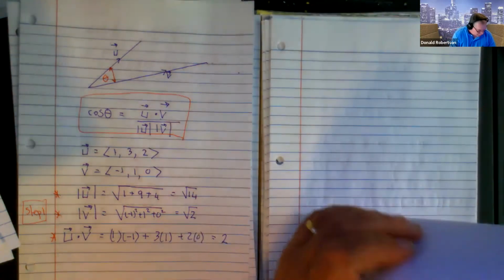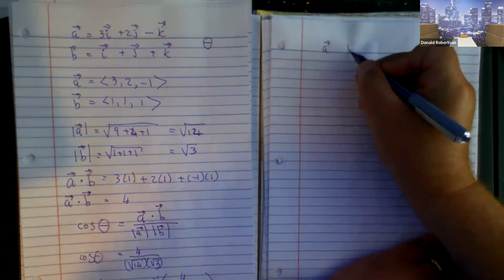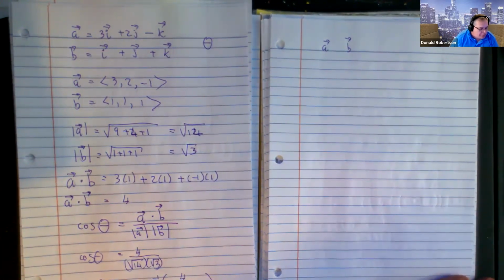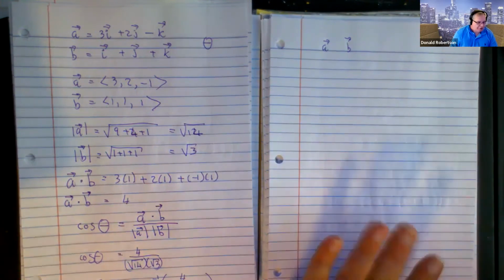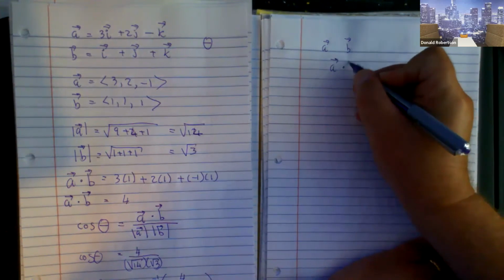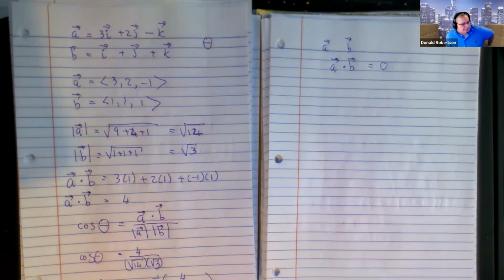Put you on some puzzle stories. I have two vectors, A and B. I'm not going to tell you their values, I'm not going to tell you their magnitude, I'm going to tell you nothing except one thing. The dot product is 0.